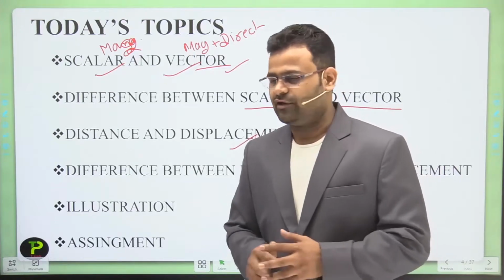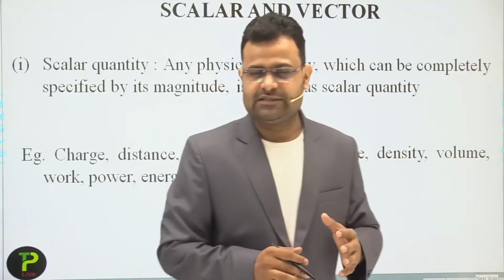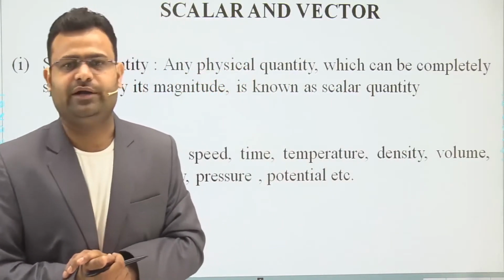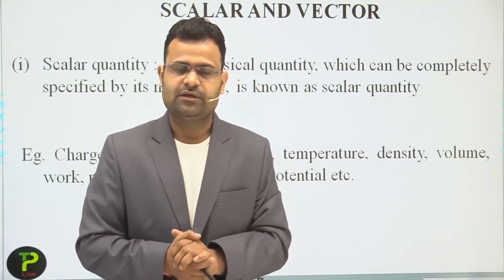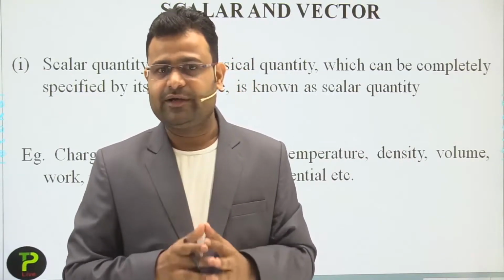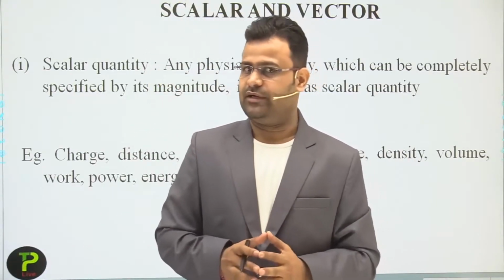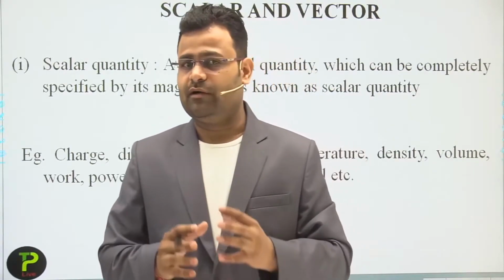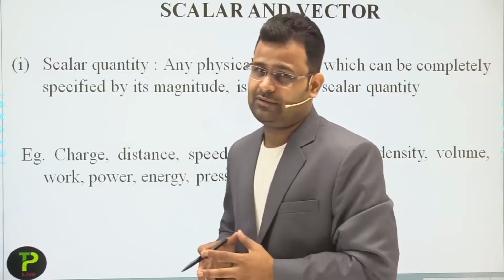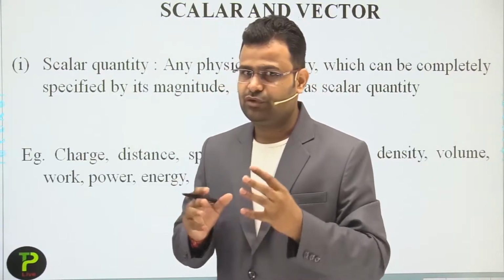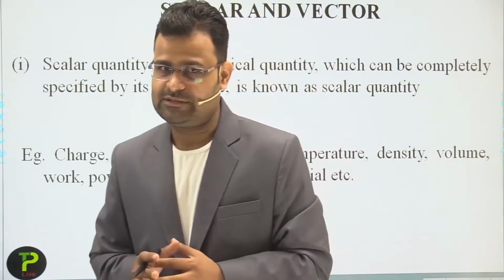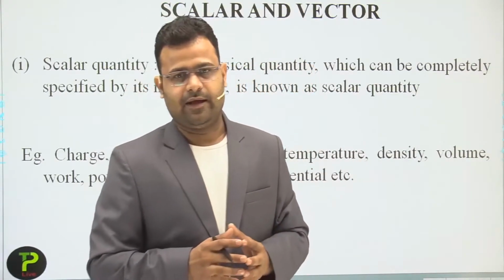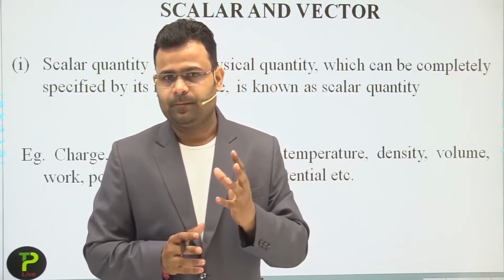Okay students, now let's start. In previous classes we discussed physical quantities, which are divided into two parts: scalar quantities and vector quantities. These quantities play an important role in our motion and in future kinematics. So let's start with scalar quantities. Suppose you are told, please come with 20 gram sugar.